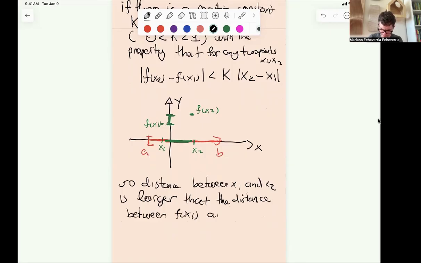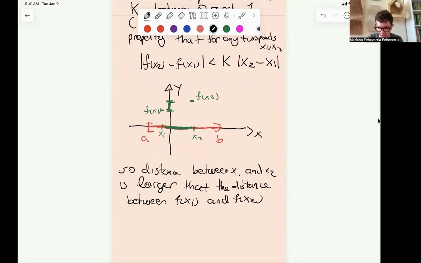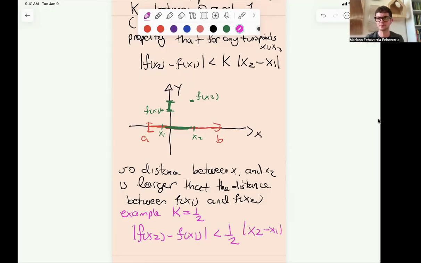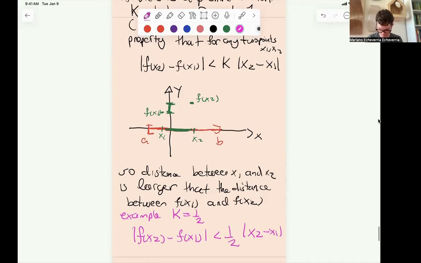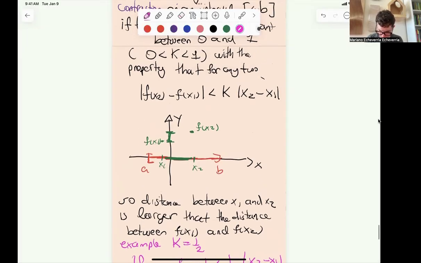Let me illustrate it with k equals one half. If k equals one half, what I'm saying is that the distance between the images is always less than half the distance between the original points you started with. Let me put the k in a different color to make it more clear.